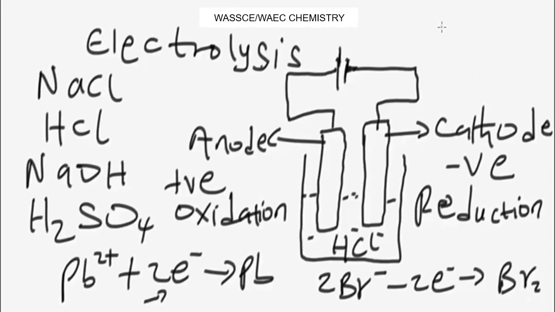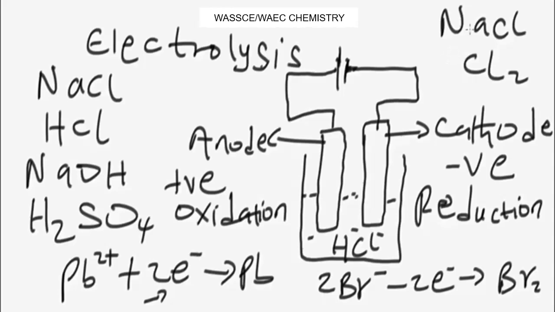In the electrolysis of sodium chloride, when chloride moves towards the anode, it gets oxidized by losing electrons to form a chlorine atom, but the kind of atom it will form will be its molecule. It will be chlorine gas. Take note of this, very important.